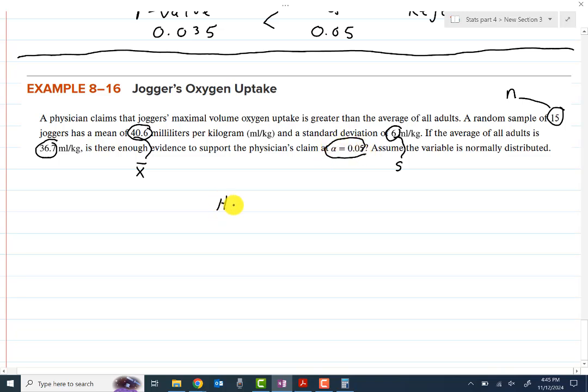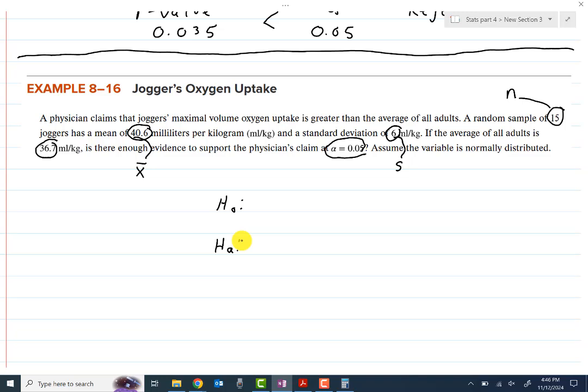Let me get my H naught and my HA then. A physician claims that joggers' maximal volume oxygen uptake is greater than the average of all adults. A random sample gave us a mean of 40.6 millimeters. The average of all adults is 36.7.